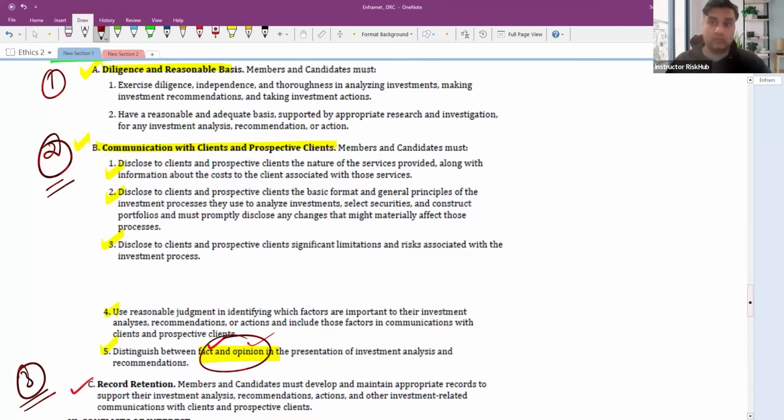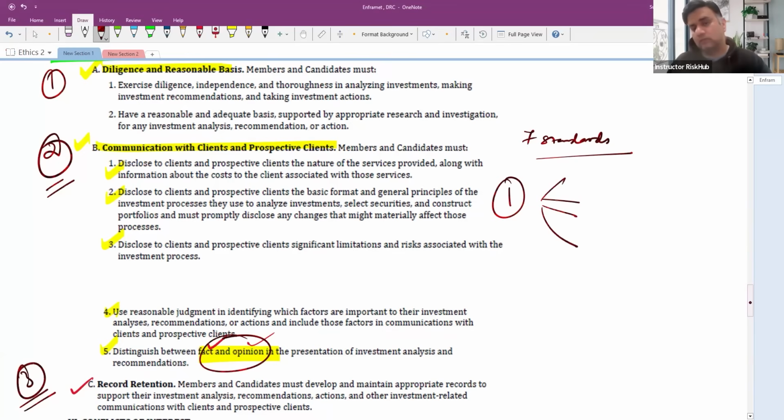I hope you're getting the point. You not only have to remember the 7 standards; you have to understand that there is one standard which has sub-things, and those things also have sub-parts. They will ask you this. You should be able to map it.